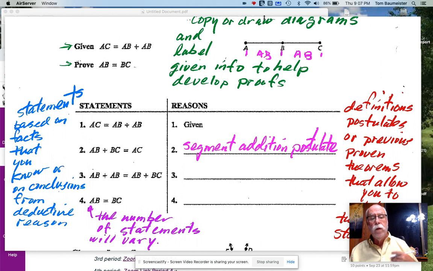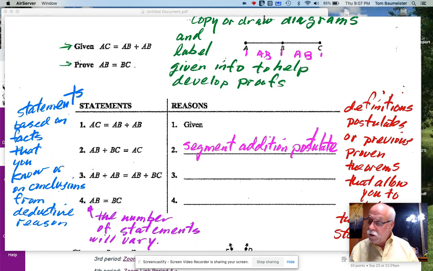So again, if you think of P plus Q is equal to Q plus R, then we can kind of get the one by itself. So what did I just say there? I said P, then Q, Q, then R. So which property was that? That was the transitive property.